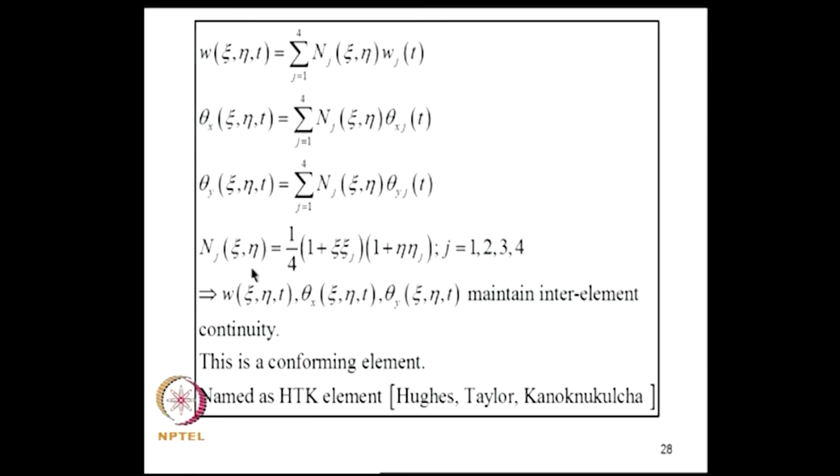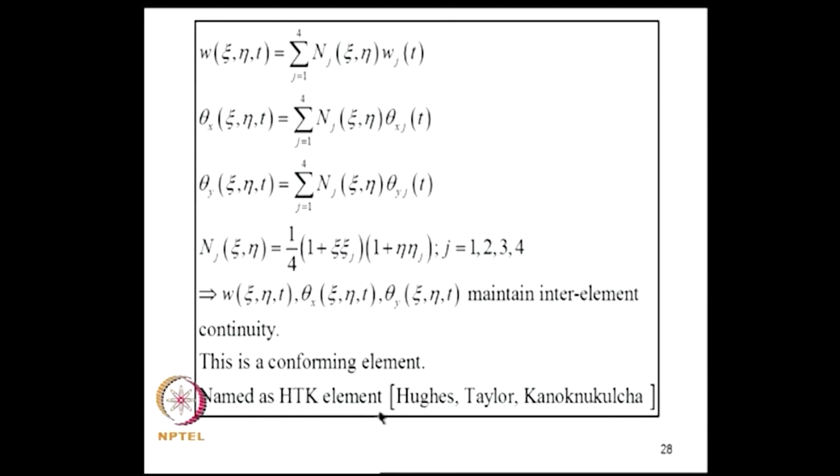There also we had 4 nodal degrees of freedom, and the field variable was required to be interpolated in terms of 4 nodal values. We are encountering a similar situation, therefore, we can use the same trial functions. So, we have already seen that the element maintains inter-element continuity of a field variable and the required derivative. So, this w, theta x and theta y maintain inter-element continuity. Therefore, this is going to be a conforming element.